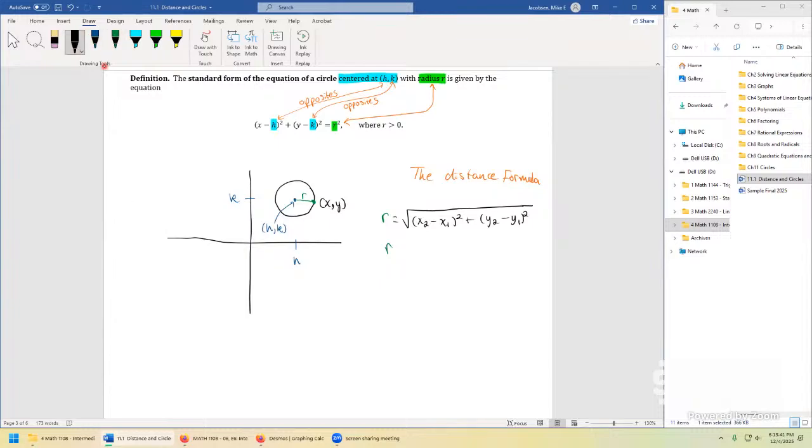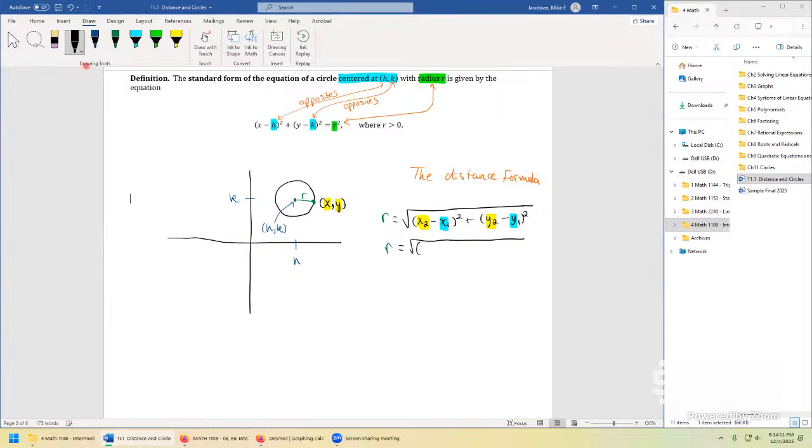Let's write again, fill in the points. And we do have 2 points. We have a center, and we have another random point on the circle as well. Let's see if we can color code these. So for the x and y, I'll think of those as being the x2, y2. We don't know the specific value, so I'm just going to substitute x, y in those spots. But for the second point, the center, h, k, that's the distance we're computing for the radius, we can think of that as an x1 and a y1.